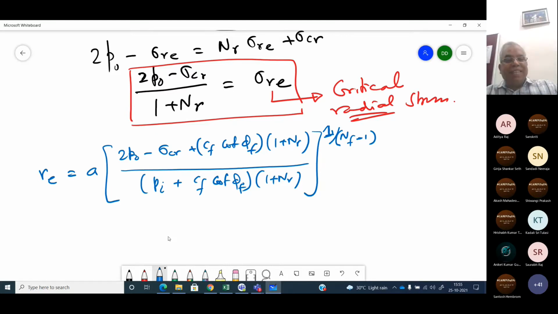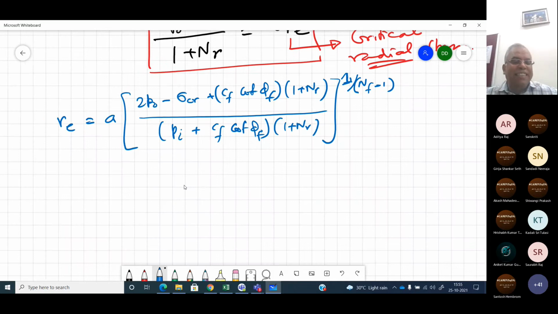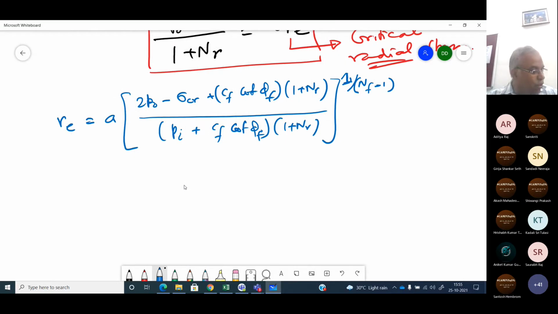So what will be the stress inside that plastic zone?